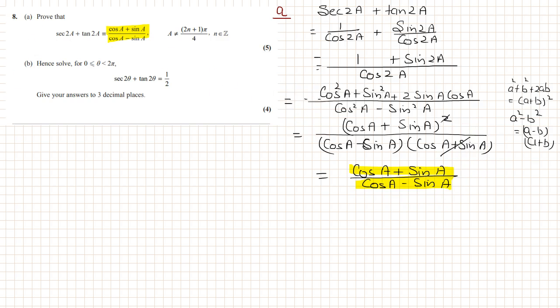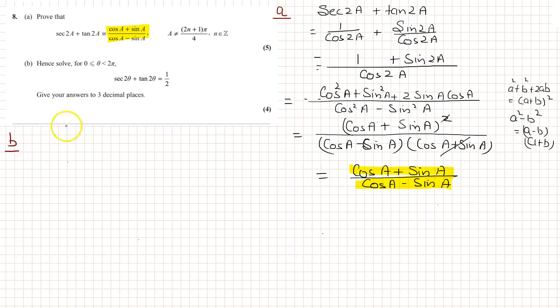Now part B, hence solve. So we have sec 2 theta plus tan 2 theta.